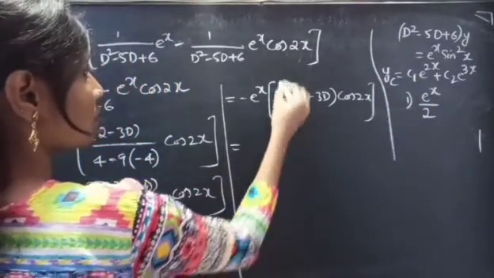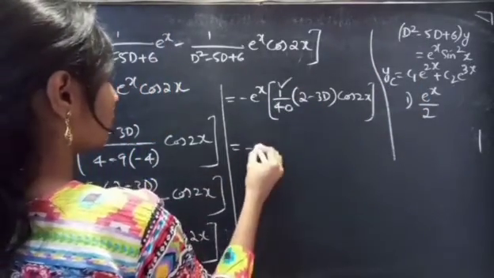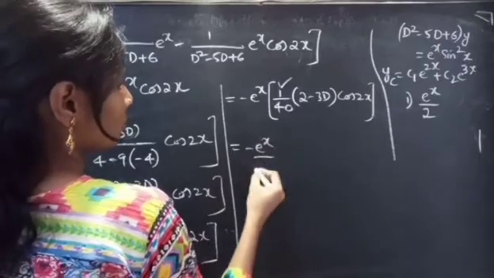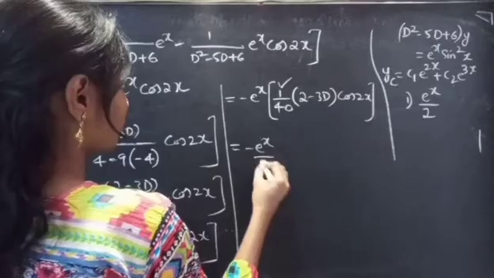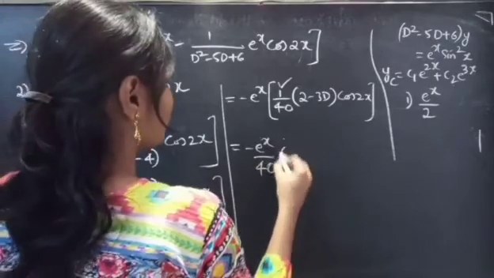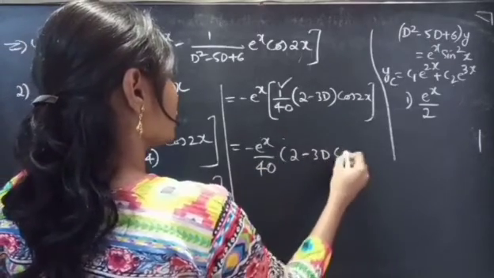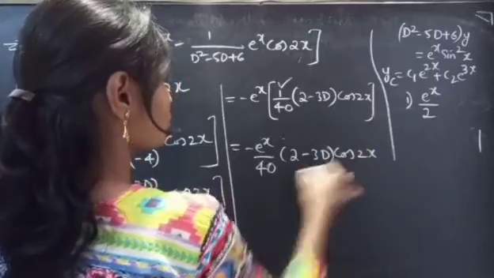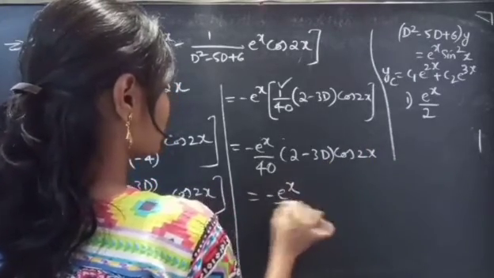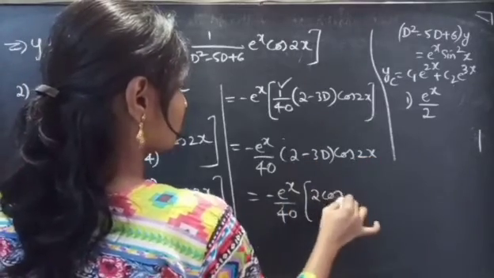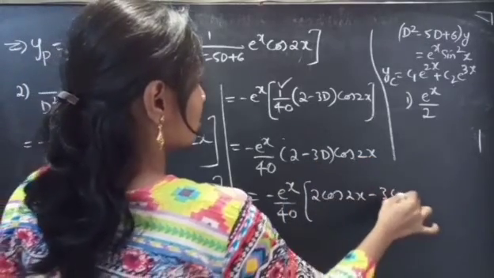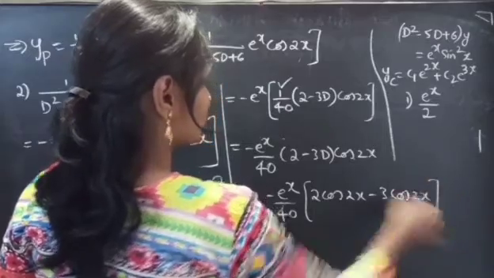Now bring this 1 by 40 outside the brackets, we'll get minus e power x into 1 by 40, which is minus e power x by 40, into 2 minus 3d cos 2x, which is equal to minus e power x by 40 into 2 cos 2x minus 3d cos 2x, right?